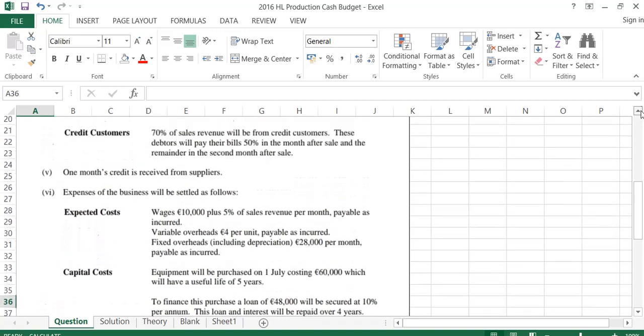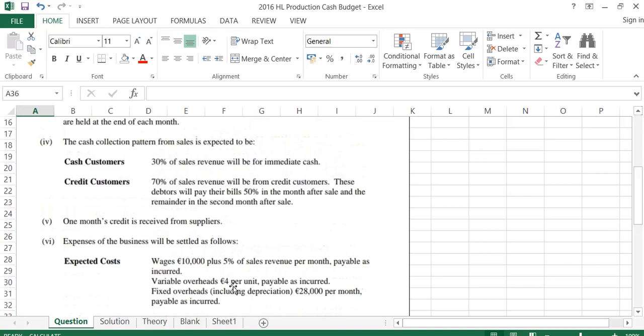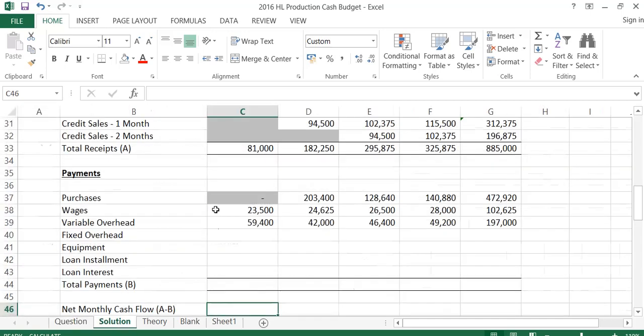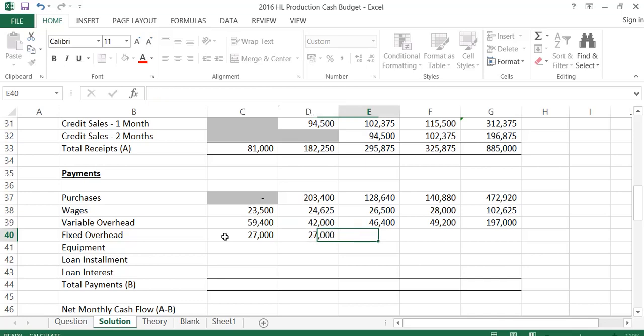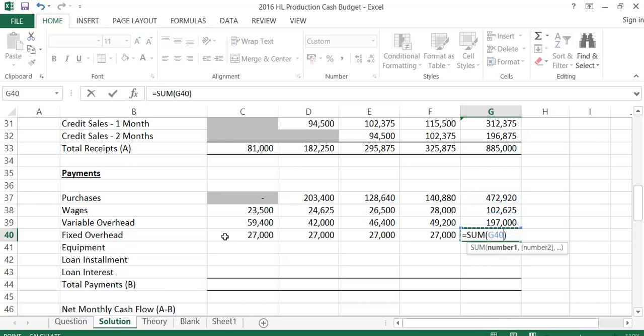So instead of putting in to my fixed overheads 28,000, I'm going to have to take out 1,000 each month. So my fixed overheads will actually be 27,000. And they're going to stay the same each month because they're fixed. So 27, 27, 27, and again, I'm going to total those across.